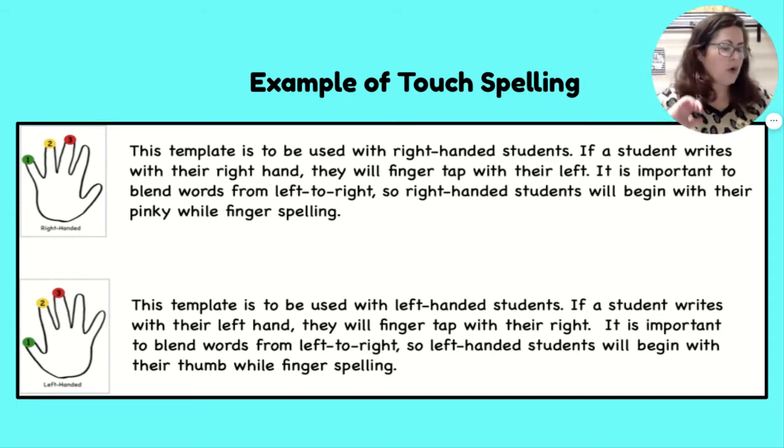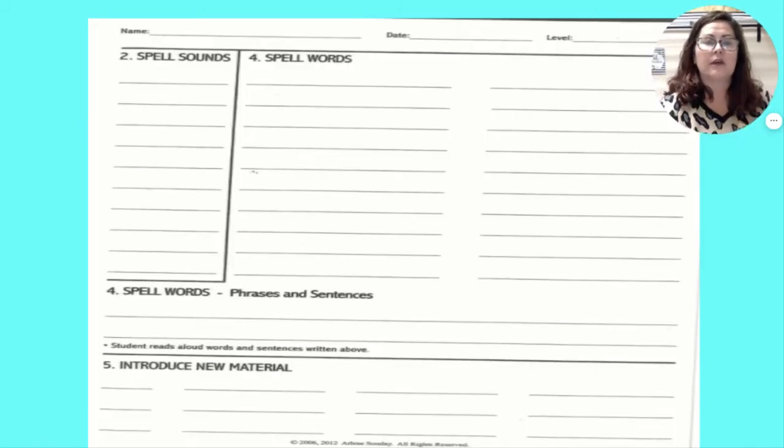So I'm going to give you a word. You will repeat the word. You're going to write this in the spell words section in your student notebook or paper. I will give you a word. You repeat, you touch spell, and then you write. You'll have to pause the video after every word to give yourself enough time. I will model the first one with you. Tire. You will say tire.